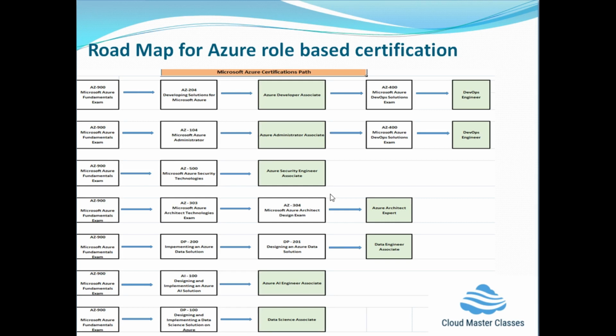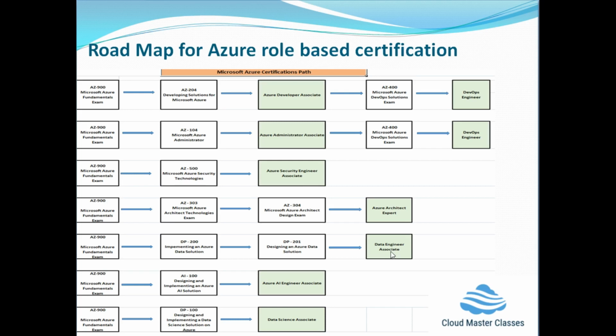You can also opt for AZ 500, Microsoft Azure Security Technologies, if you are interested in learning Azure security. If you are interested in database and want to learn Azure database or the services provided by Azure for databases, then you can go for DP 200 and then for DP 201, Data Engineer Associate.